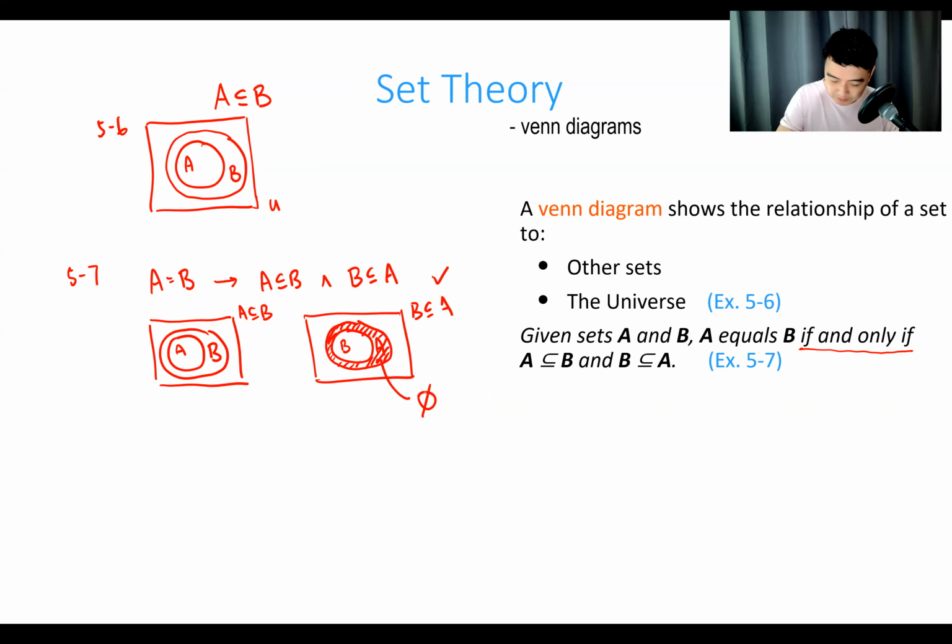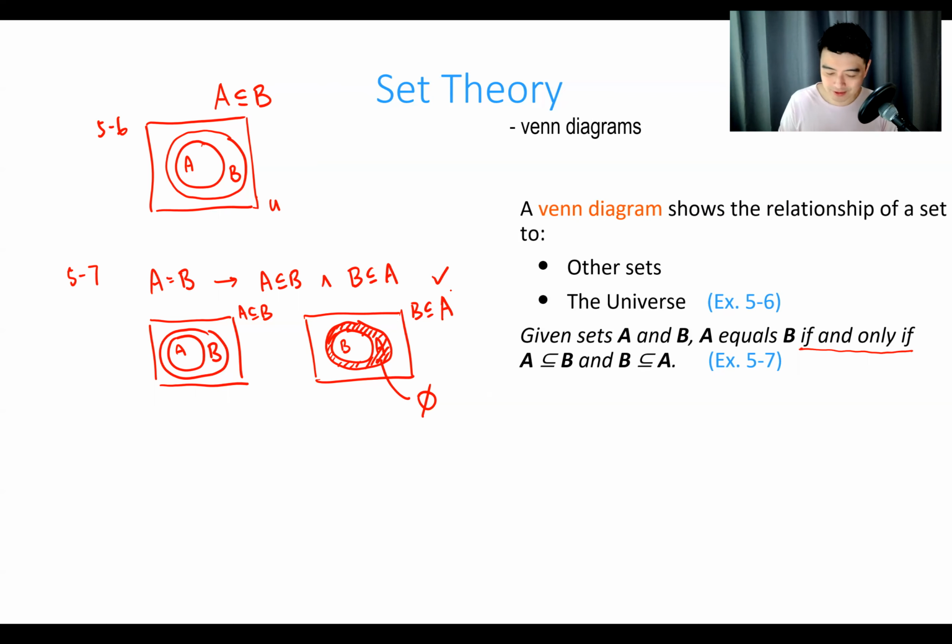I hope you can see that if I'm able to prove that the elements in A that are not in B is empty, then A and B in this diagram must be equal. Just take a second to convince yourself that that is a true statement.